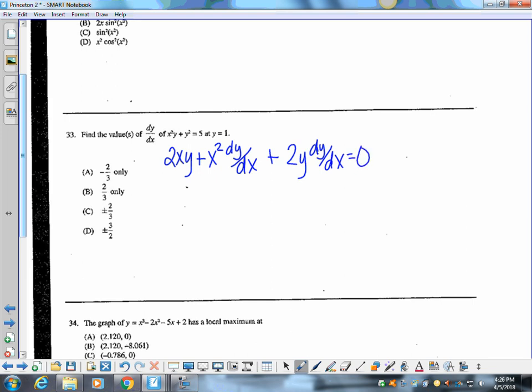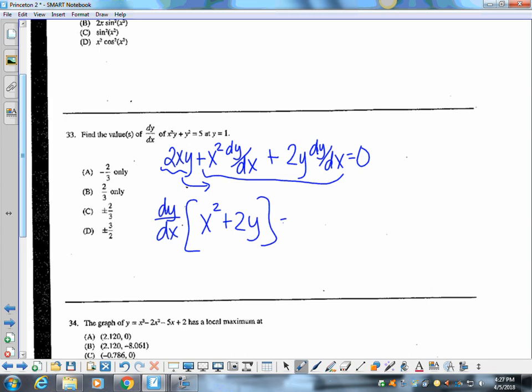And I'm going to scoot this guy over to the other side. I'm going to be left with these two, so that I'm going to GCF my dy dx. So dy dx, I'm just trying to avoid writing this thing. So dy dx equals negative 2xy over x squared plus 2y.